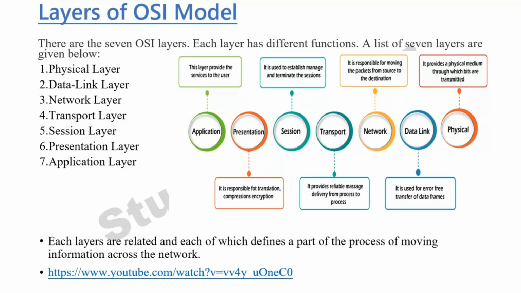The session layer is used to establish, manage, and also terminate sessions. The transport layer, as usual, provides reliable message delivery from process to process, and the network layer is responsible for routing, especially from source to destination. The data link layer is for error control and flow control, and the physical layer is the one which has the transmission medium through which the data is transmitted. So each layer is related, and each defines a part of the process of moving information across the network.